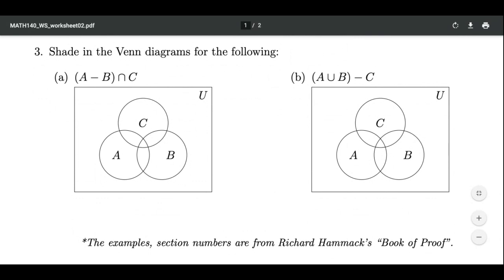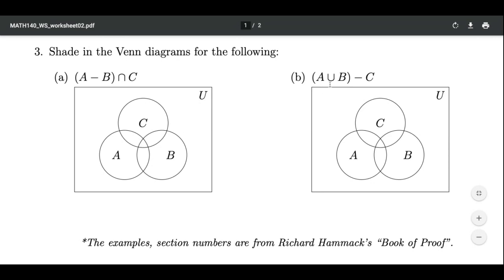Oh, you see my pointer. Okay, great. So for A, we see this one, right? A subtract B, because we have a subtract B. A subtract B is this part. Then intersect with C. So just this part.